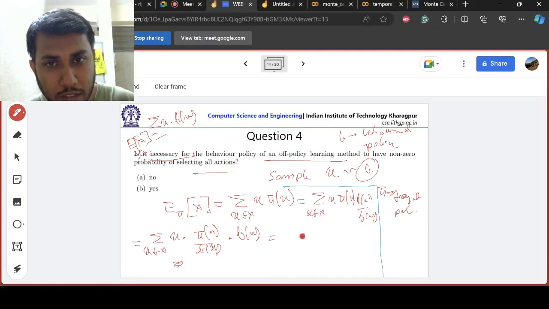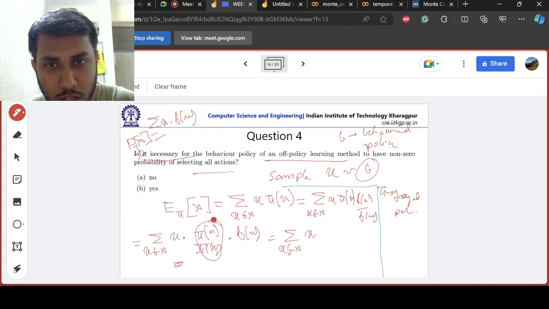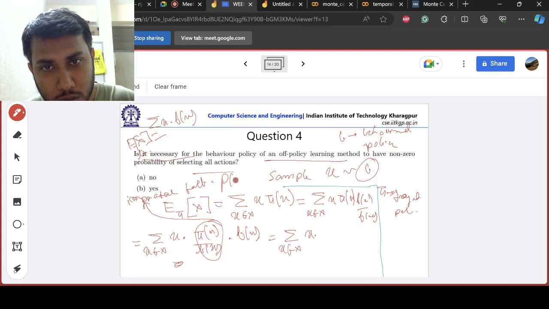We will write this as the sum over x belonging to X of x times, this is called the importance factor, and we denote it as rho of x, times b of x.